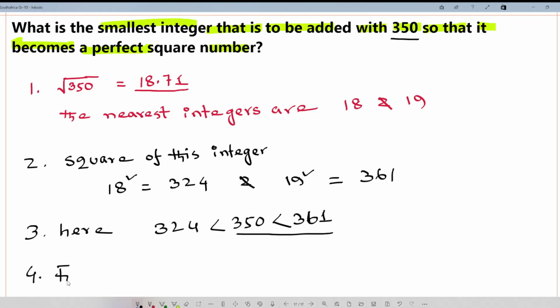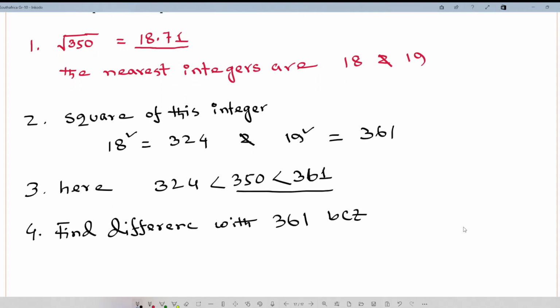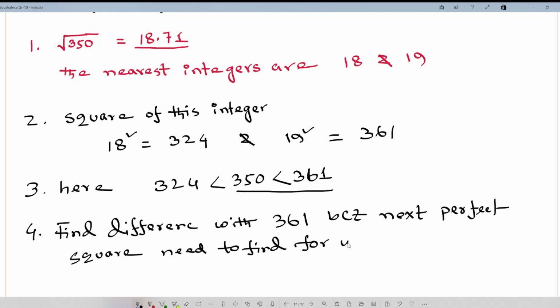So we find the difference with 361, because it is the next perfect square greater than 350, and our question is which integer we need to add.